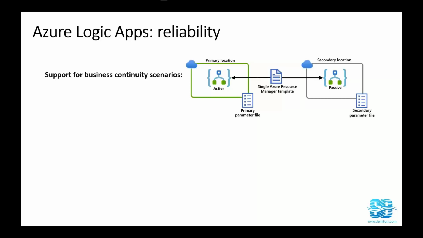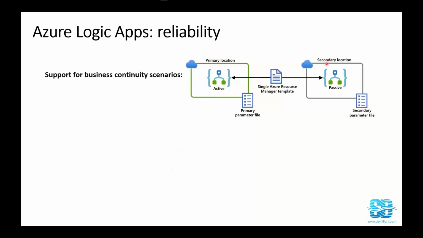So if your environment is down, or in maintenance or something like that, restarted, I don't know, your flow is down. With Logic Apps, you can deploy the same Logic Apps template into different Azure regions.